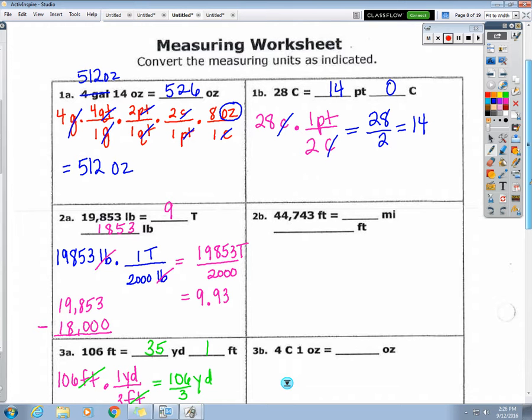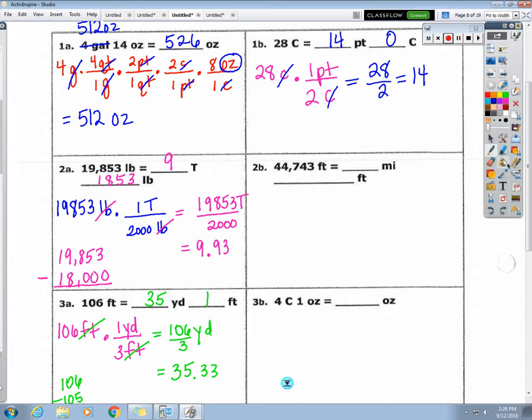Okay, 2B. We are going to convert 44,743 feet into miles. So our denominator needs to be in feet. What do you know about feet to miles? Right.